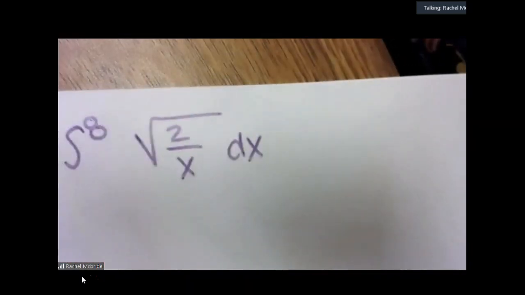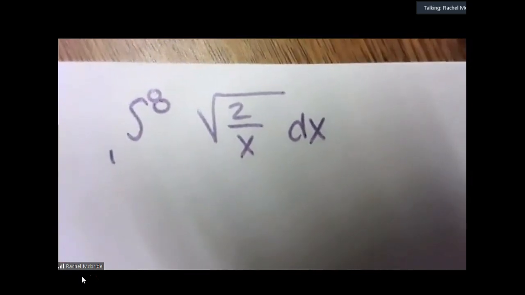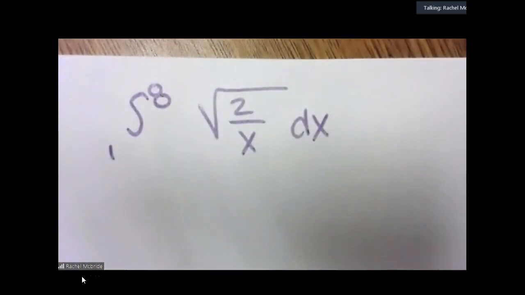Okay, you're going to be mad when you see how easy G is. Okay, so letter G, you have the integral from 1 to 8 of the square root of 2 over x.